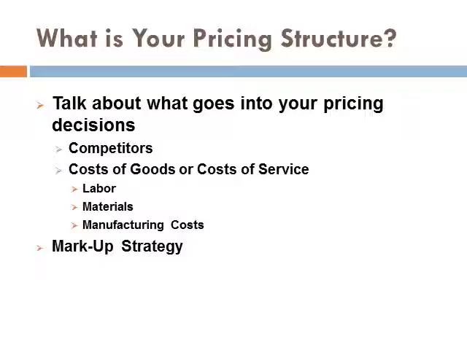Are there going to be discounts? Are there going to be volume discounts or good customer discounts, that sort of thing. In this section, you also want to talk about who your competitors are. You may be differentiating yourself from those competitors, but you need to talk about the competitors and what they sell their products at.